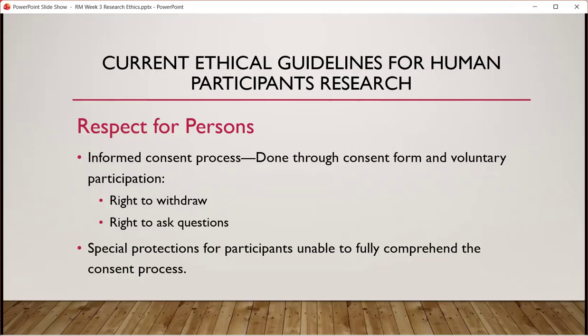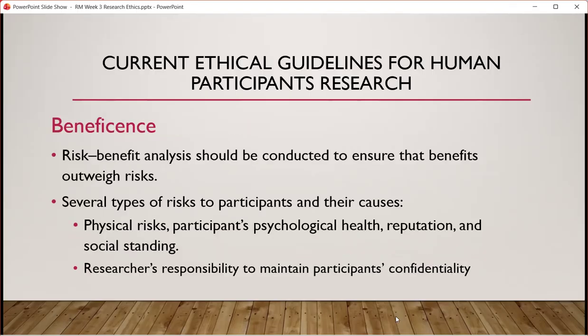There are also special protections for participants or vulnerable populations who are unable to fully comprehend the consent process. For example, small children. Small children cannot fully consent. They can assent to research, but usually a parent or guardian needs to sign off on the consent.